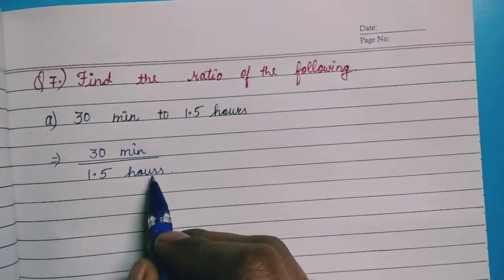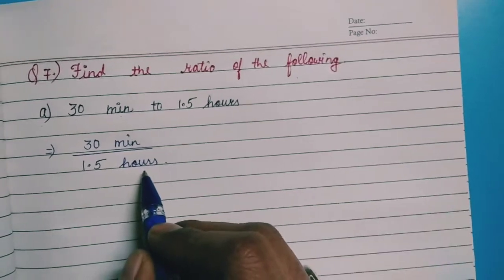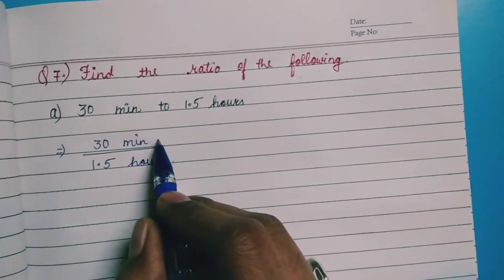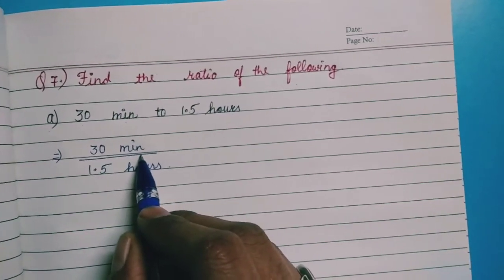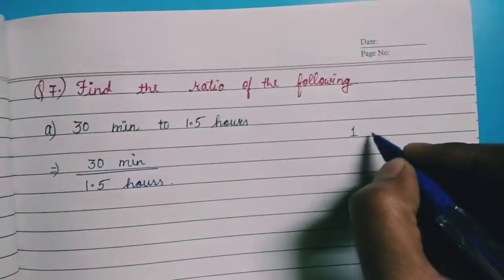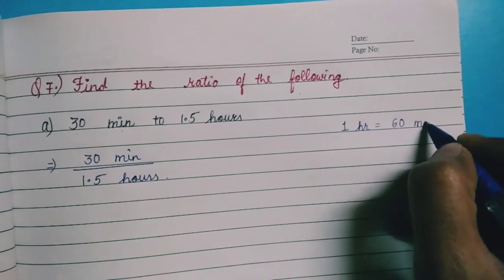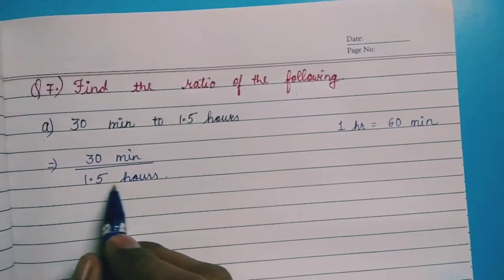So we can convert the bigger unit into the smaller. The bigger unit is hour and the smaller unit is minute. The relationship between hour and minute is 1 hour equals 60 minutes. But we don't have 1 hour, we have 1.5 hours.